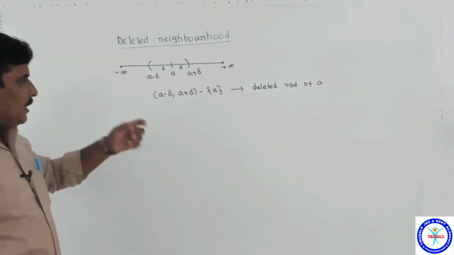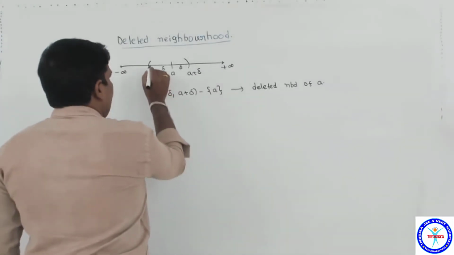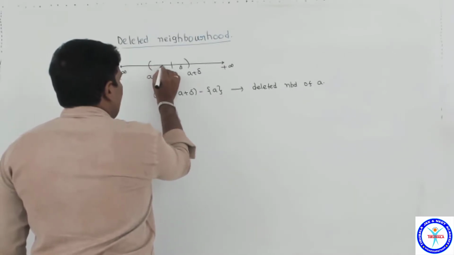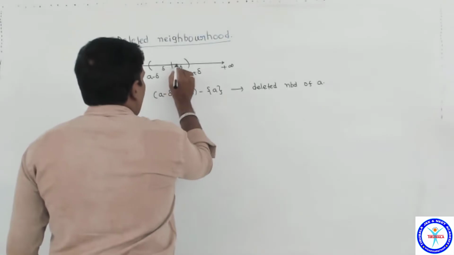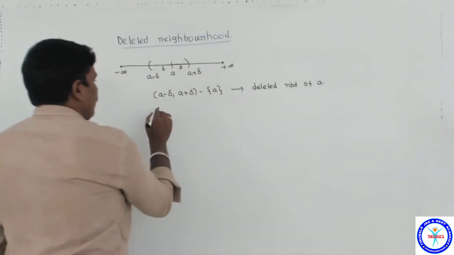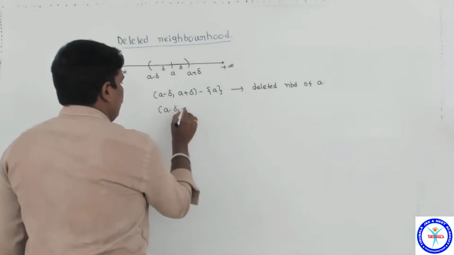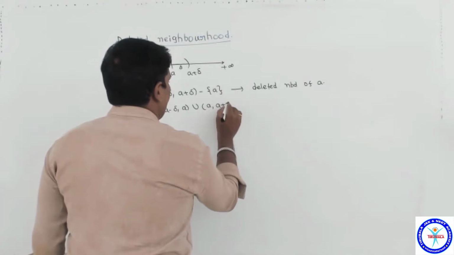So in interval notation, it can be written as: first collect the left part, union the right part from A to A plus delta, except A. That means (A minus delta, A) union (A, A plus delta).